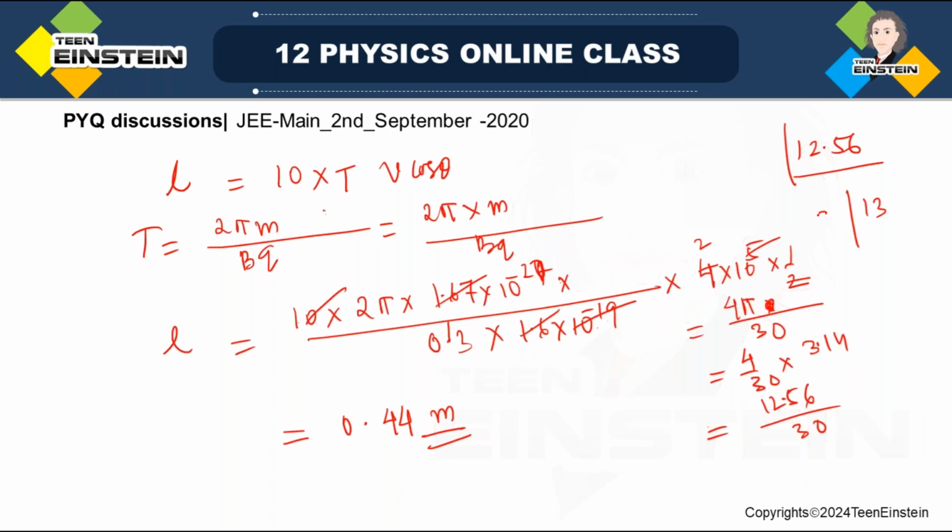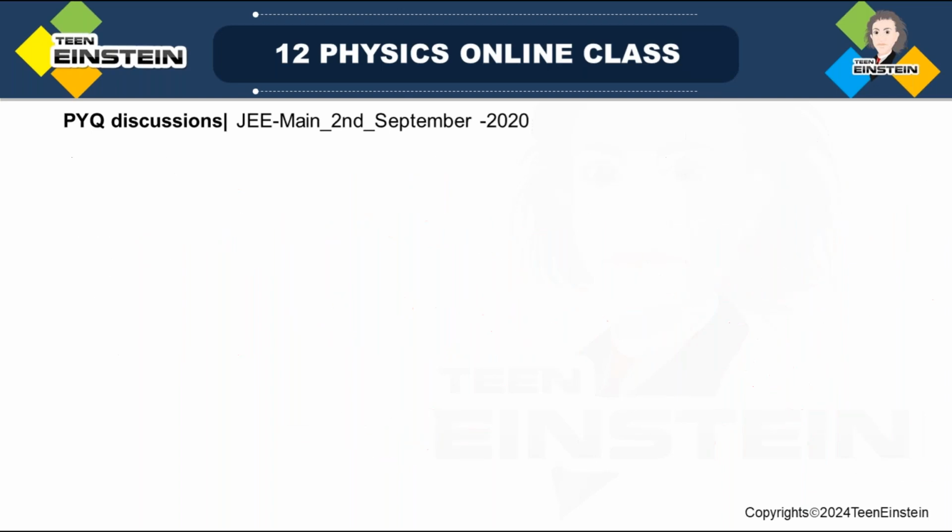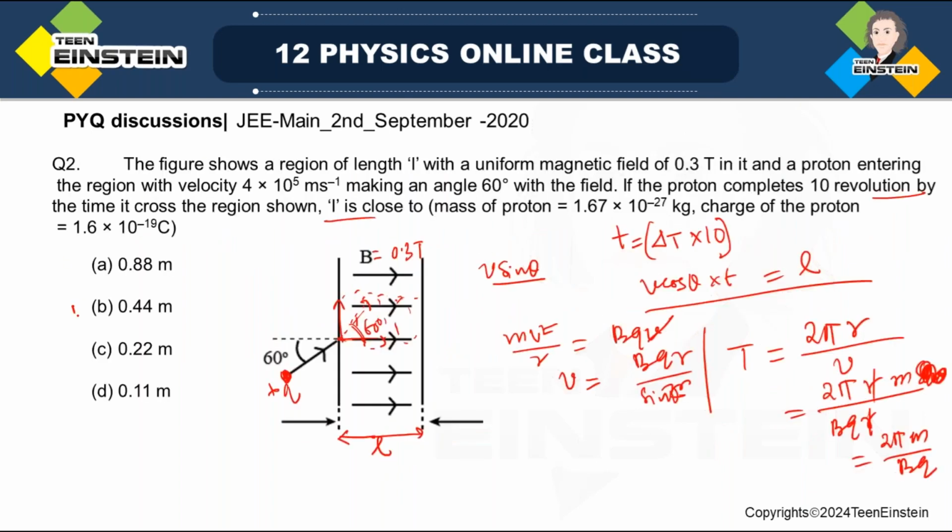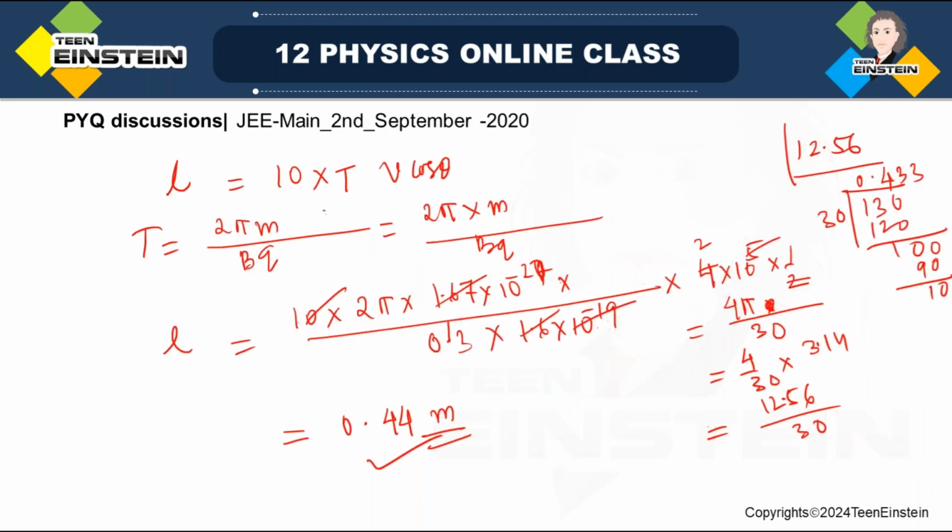So you have to divide this 13 with 30. So you will get approximately 0.4. You will see here, this is the answer. All right, so this is actually the answer. Now let us go to the next problem.